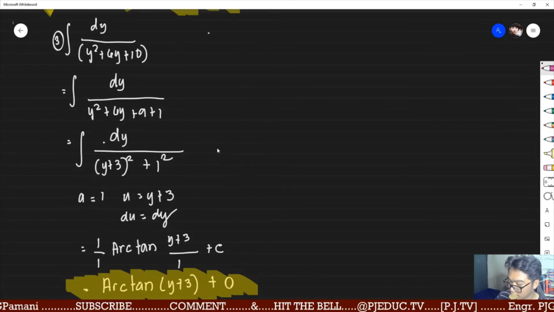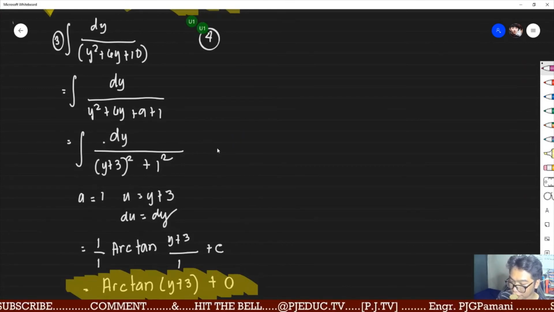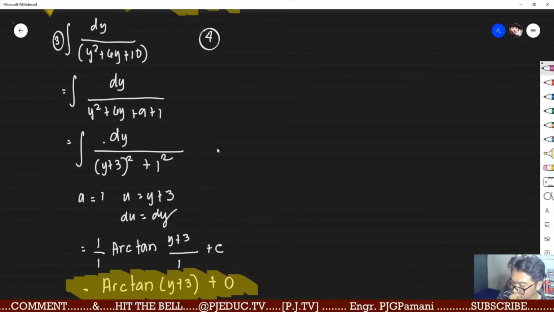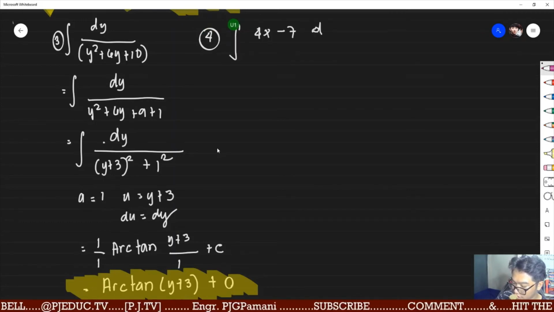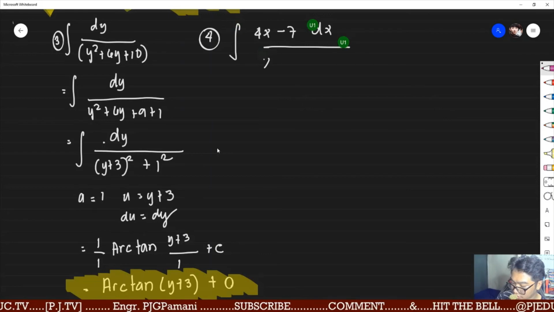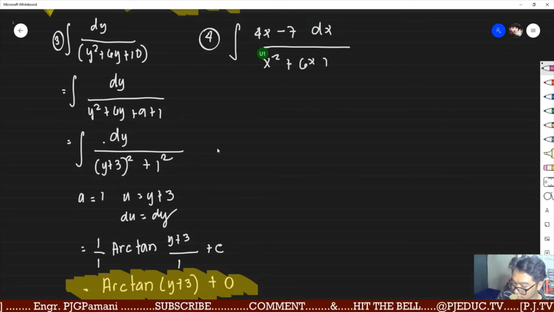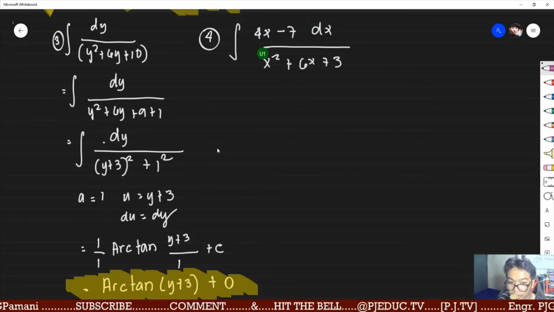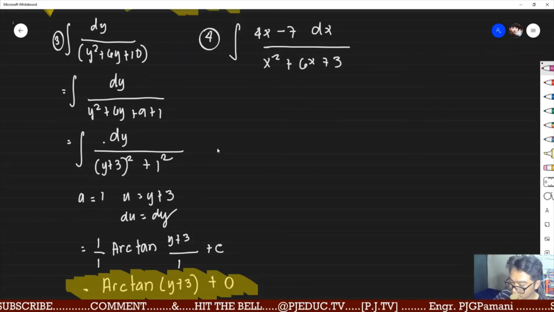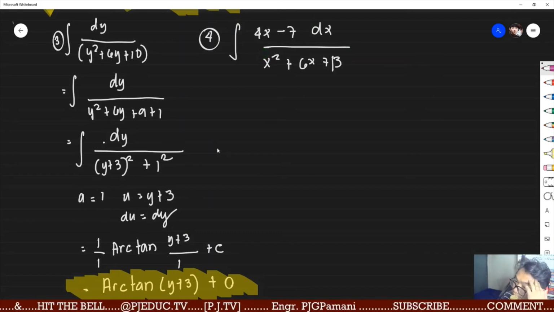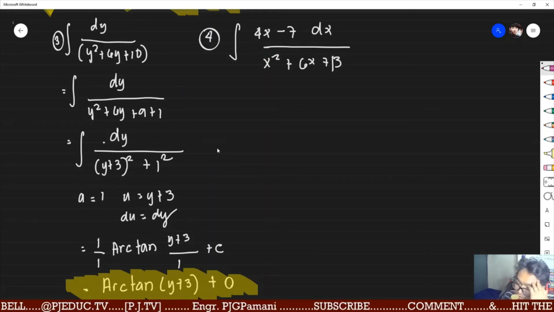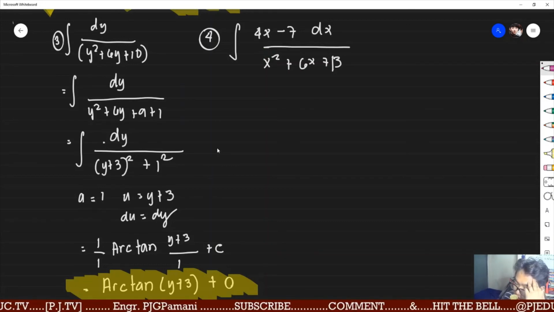Now, last problem. What if you're now asked to evaluate the indefinite integral of 4x minus 7 dx over x squared plus 6x plus 13? Paano ngayon yan? 4x minus 7 over x squared plus 6x plus 13.